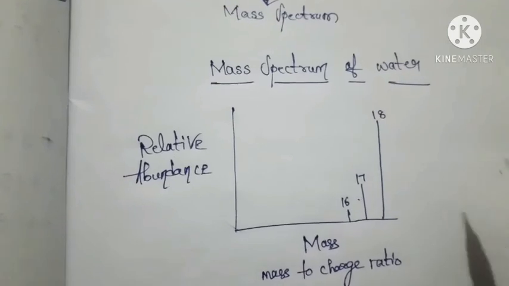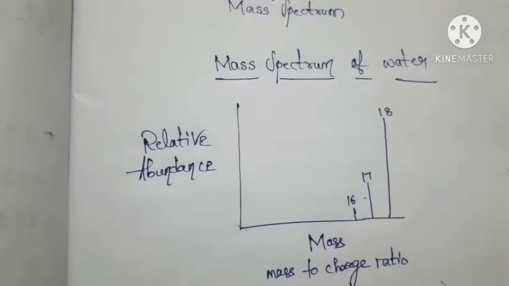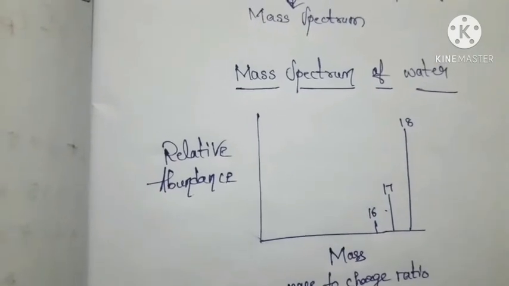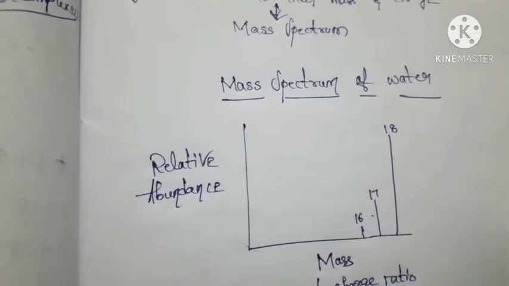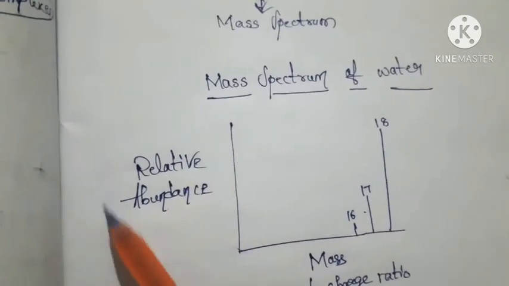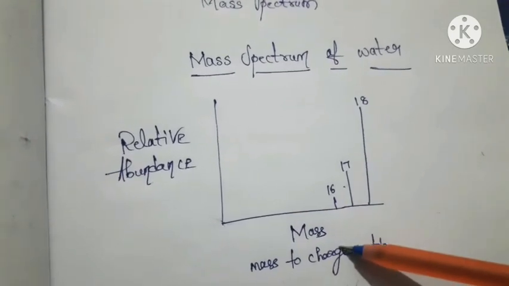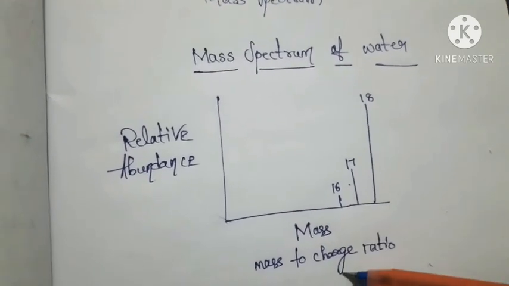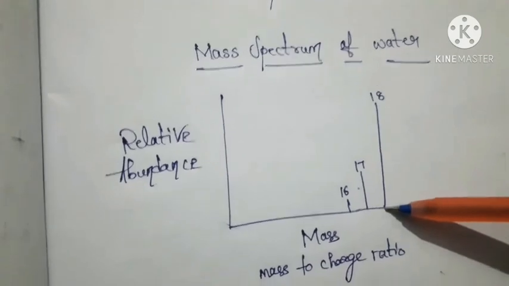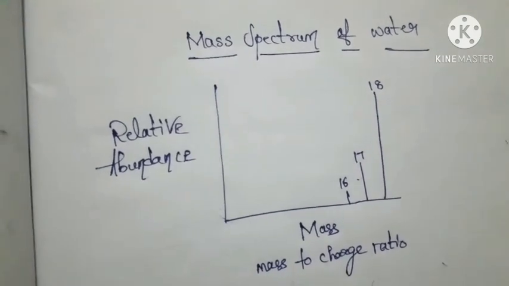Here the mass to charge ratio: mass is 18, charge we usually take as 1, so 18 by 1 is 18. This is the mass spectrum of water, friends. This axis is relative abundance and this is mass to charge ratio. As the mass to charge ratio of water is 18, the relative abundance of this peak is also high, friends. Hope you understood this concept, friends.